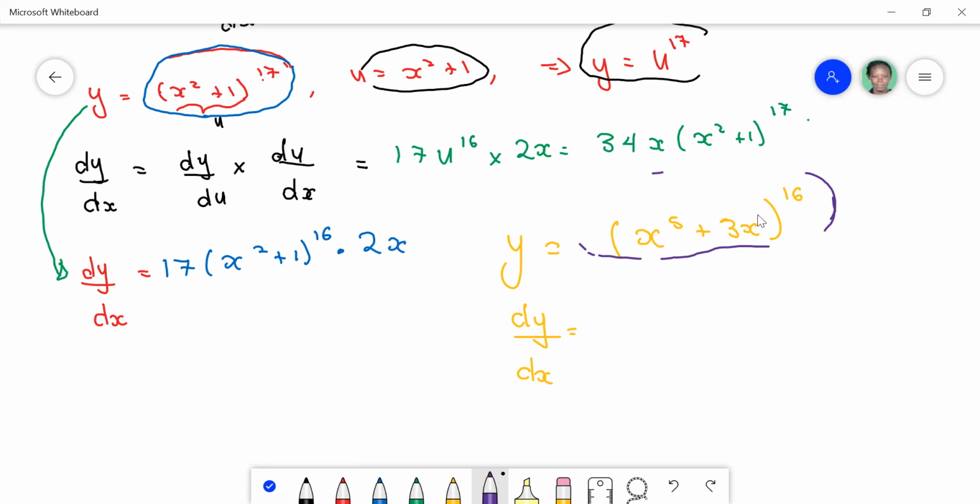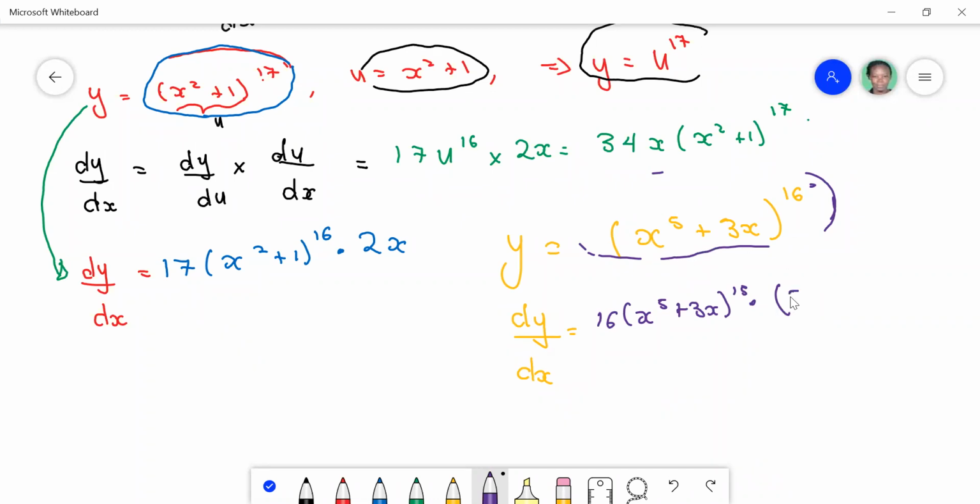If I do that, it means I have 16 (x to the power 5 plus 3x) to the power 15, as you know when you are doing your differentiation. Then I differentiate what is in the bracket as well with respect to x.